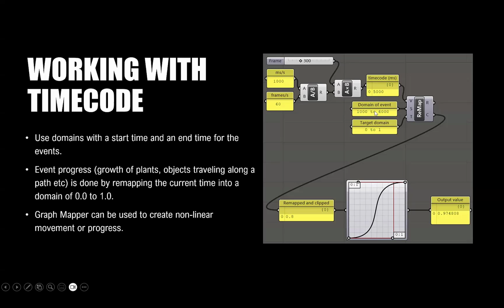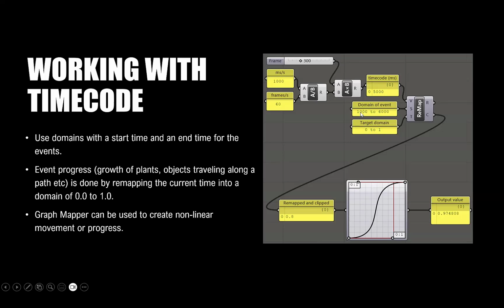And then remapping the domain is a really nice way of doing this. If you have this domain from 1,000 to 6,000, then as you pass 1,000 the value will become a little bit more than 0, because it is remapped to a value between 0 and 1.